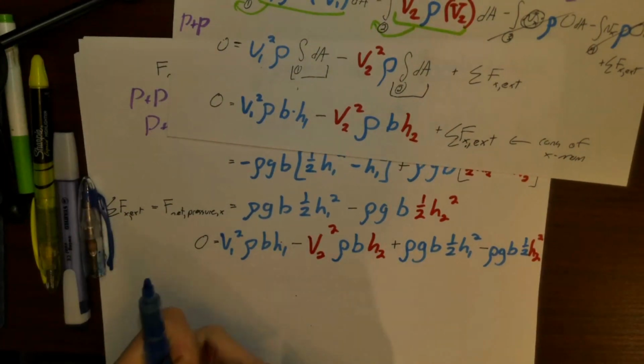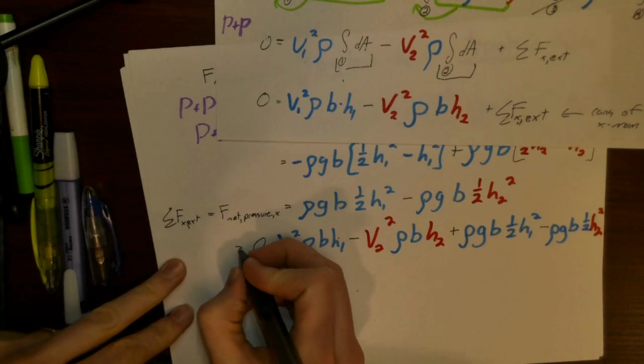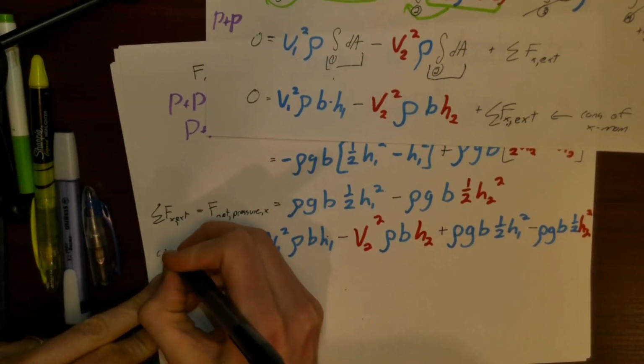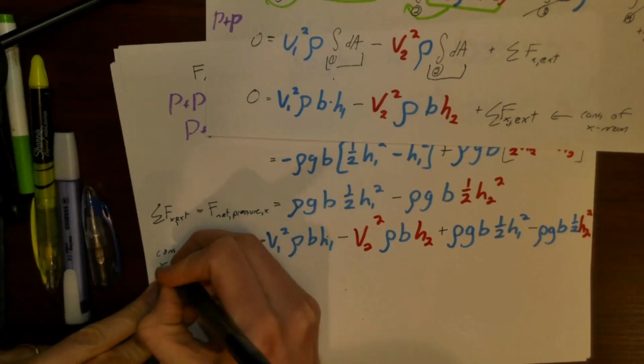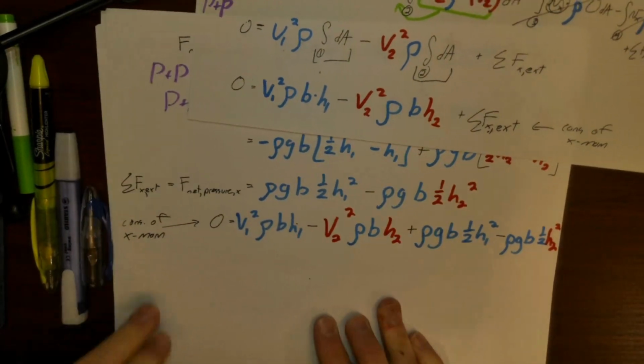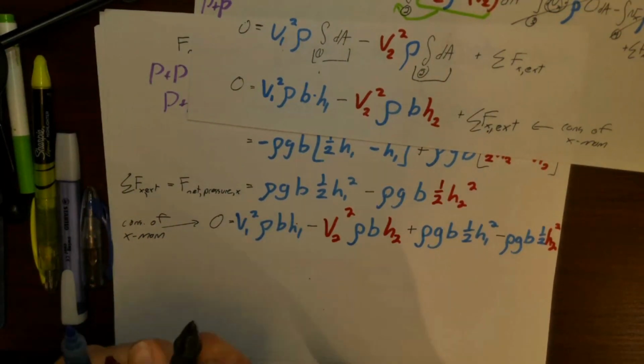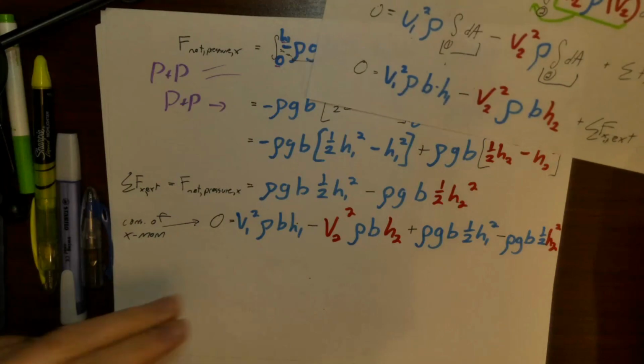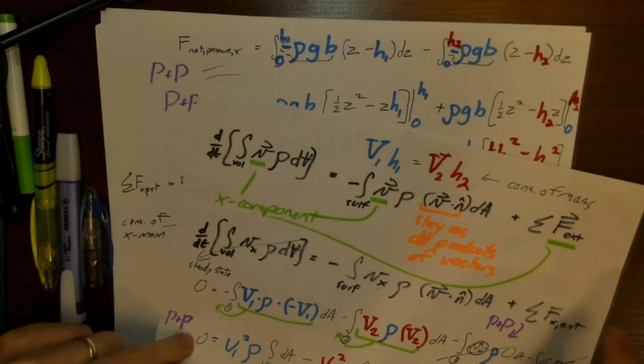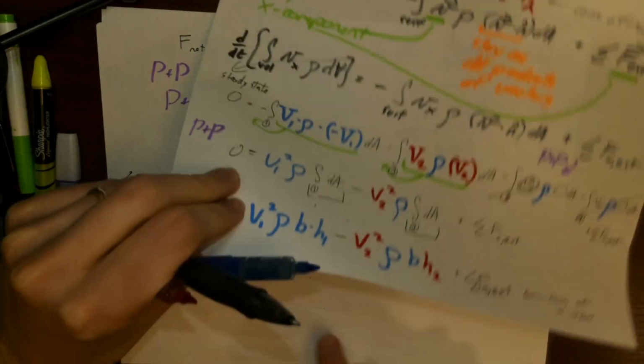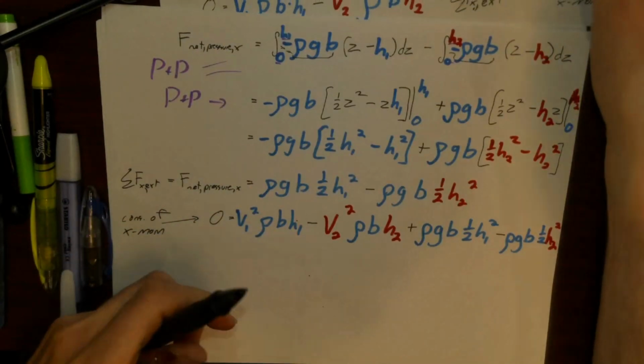All right. So this equation here is conservation of X momentum for this particular system. I'm just going to take conservation of mass and put it down here just so we have it at the ready.